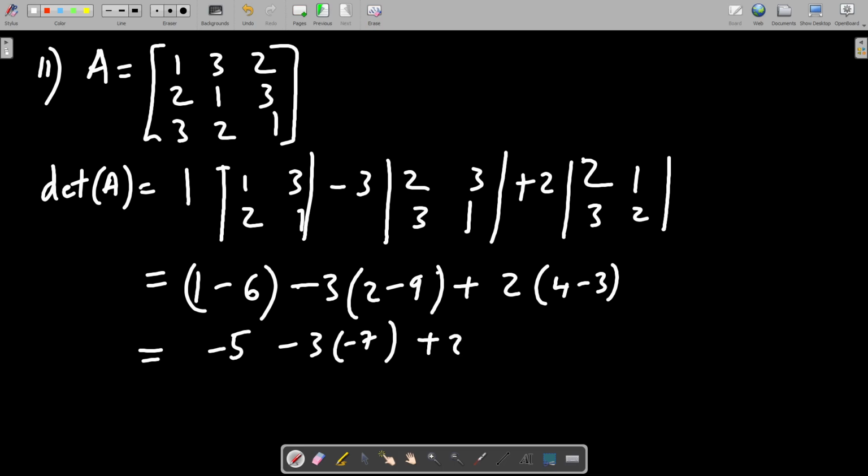This will become 2 into plus 1, not minus 1. Okay, so this will become minus 5 plus 21 plus 2.